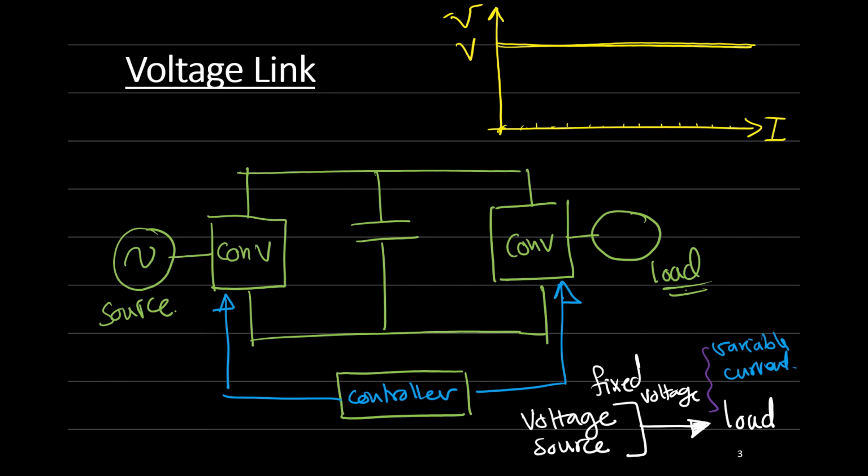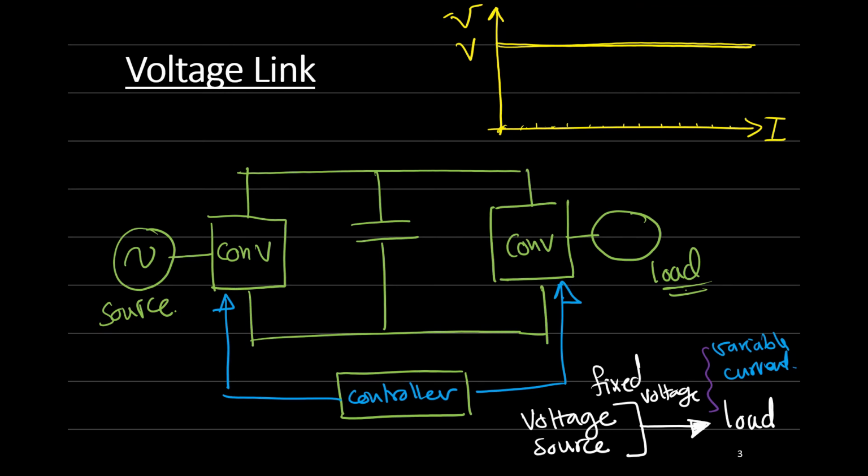Usually the grid side converter is to convert the line frequency grid voltage to a DC voltage, and then the load side converter is different from any other converter according to the desired output voltage application. What applications we have?